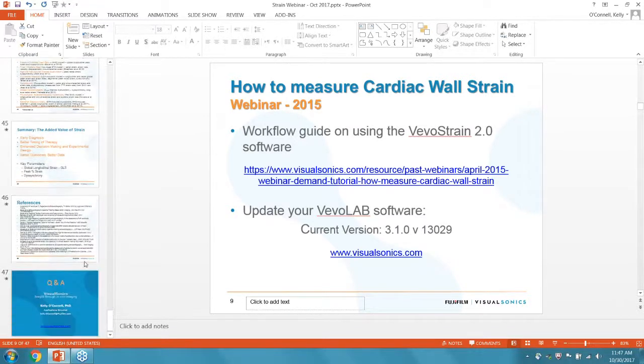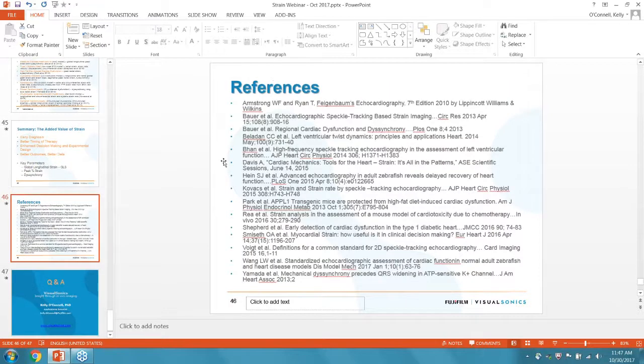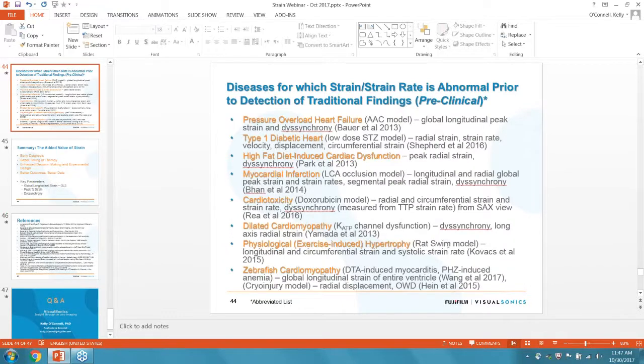If you've only done the short axis, it doesn't mean that you have to go back and do long axis. Based on some of these papers, you can see that, like, here's a doxorubicin cardiotoxicity study. They looked at circumferential strain, and that changed for them. And here's an exercise-induced one, that's circumferential as well. So it's going to be dependent on the model, but you really don't necessarily have to do both.